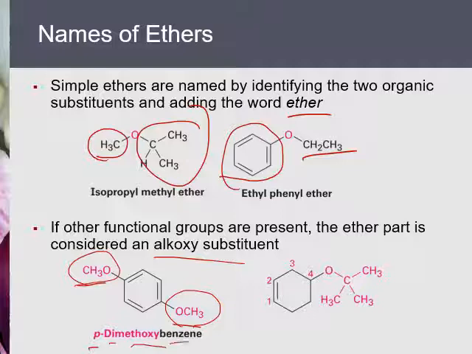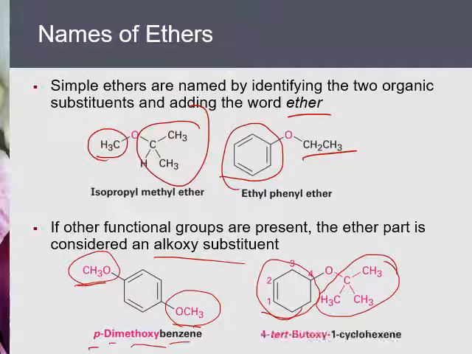Okay, the second one has a cyclohexene, and the ether part here is tertiary butyl. So it's called number 4 carbon has a tertiary butoxy, 4-butoxy, number 1 cyclohexene.